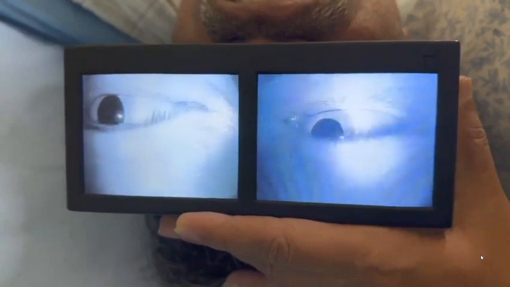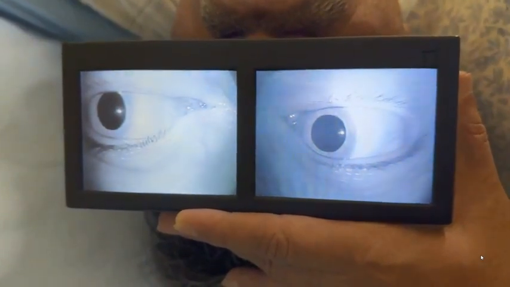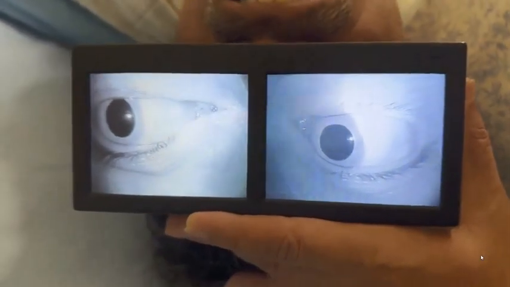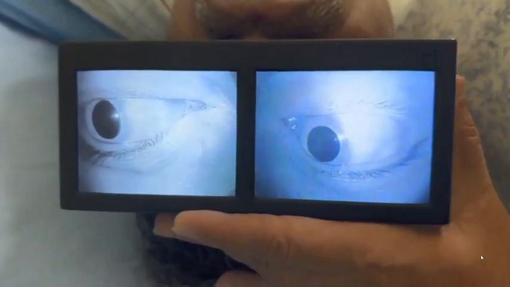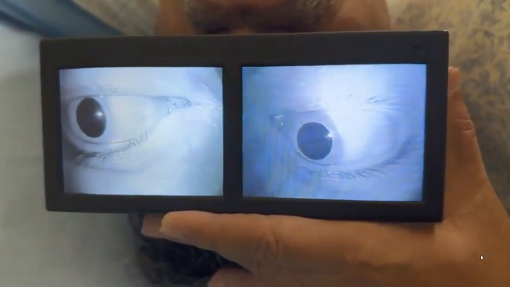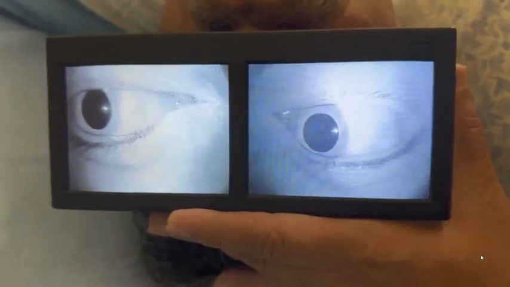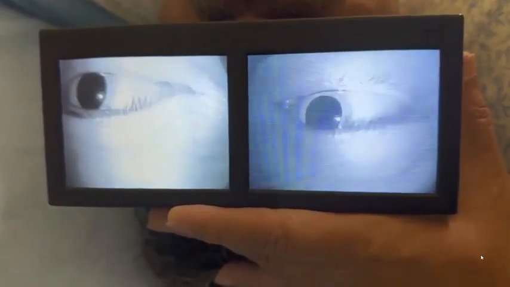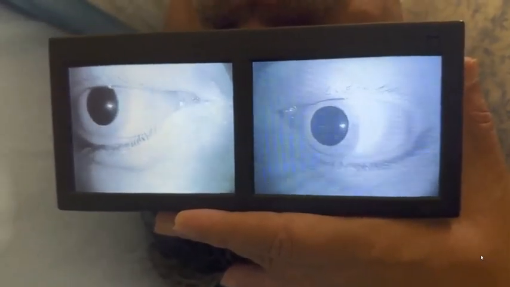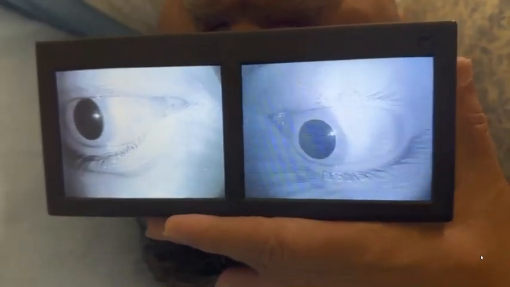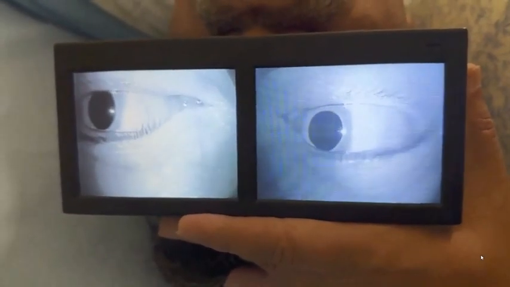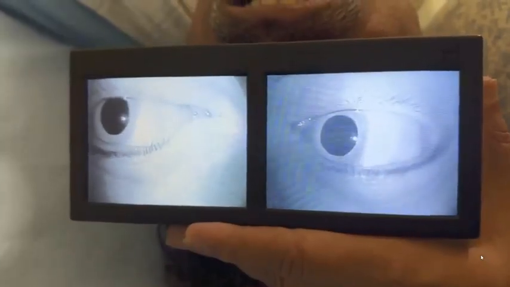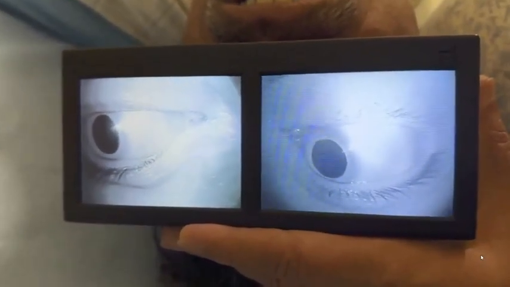After 30 seconds, there occurs a left torsional slow crescendo decrescendo downbeat positional nystagmus. Because the torsional component is beating towards the patient's left, it is likely to be because of right-sided apogeotropic posterior semicircular canal BPPV.